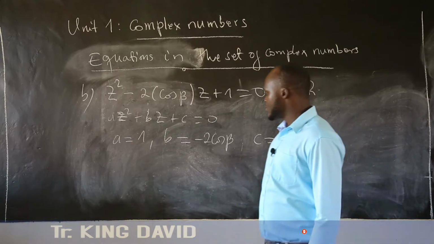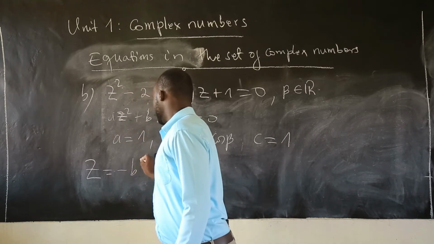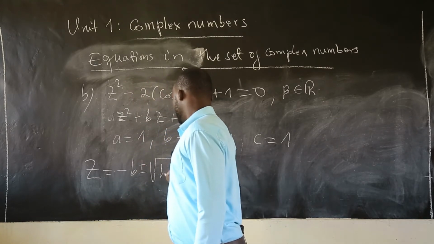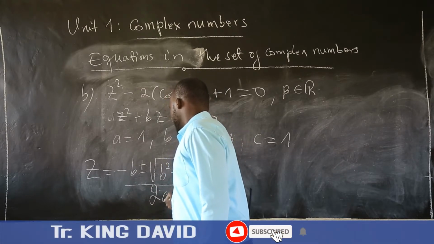So now, from the quadratic formula, z equals negative b plus or minus the square root of b squared minus 4ac, divided by 2a.